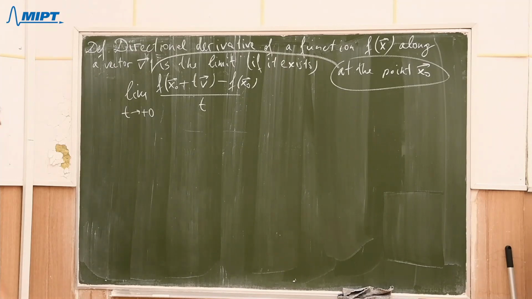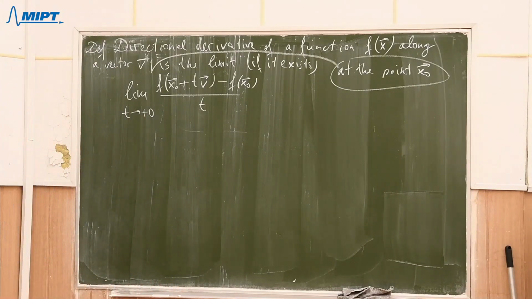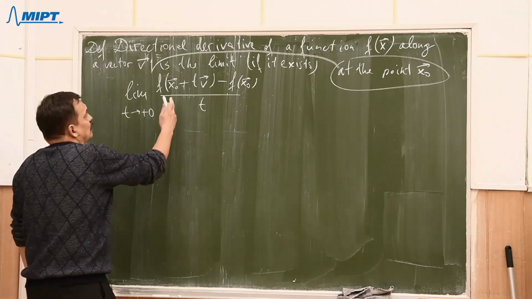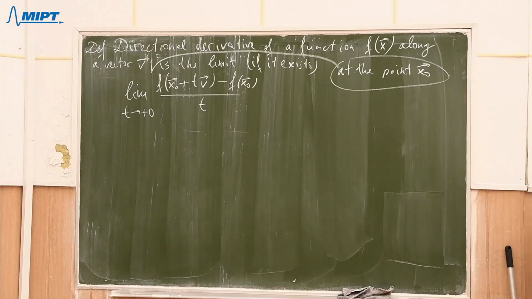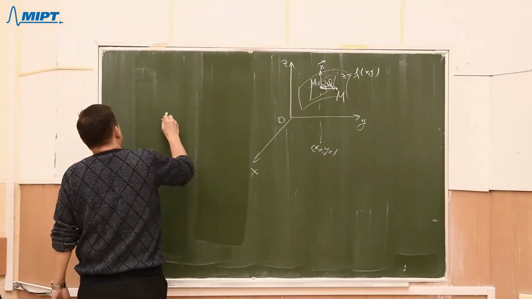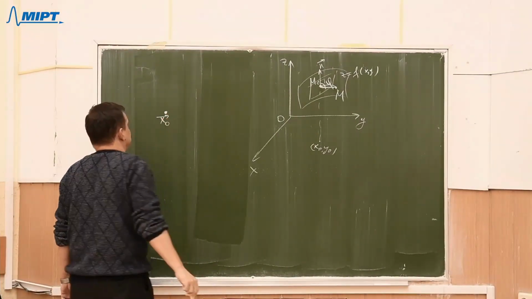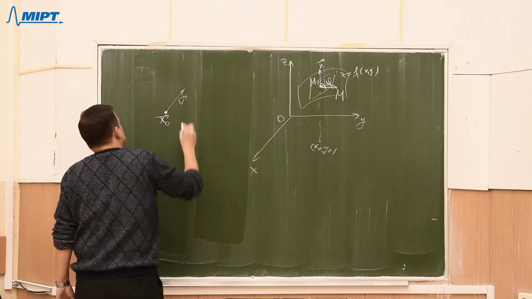Let us think what is the meaning of this definition. It means that, let me draw the picture here. We have a point x naught, we have a vector v.